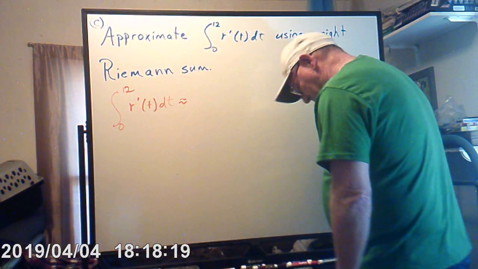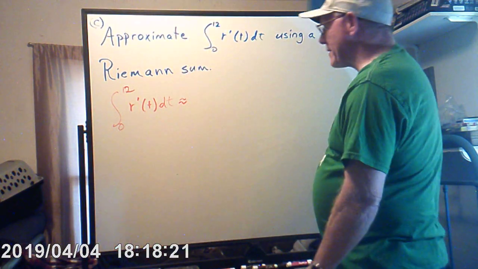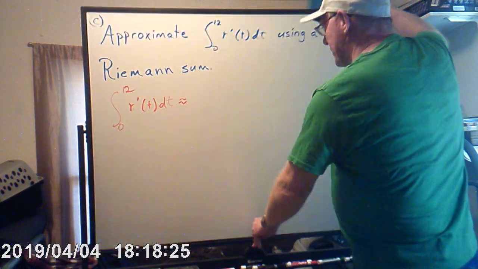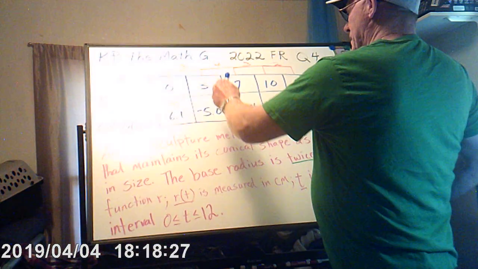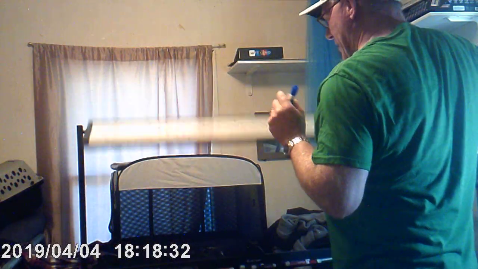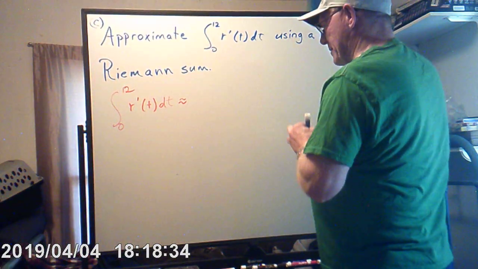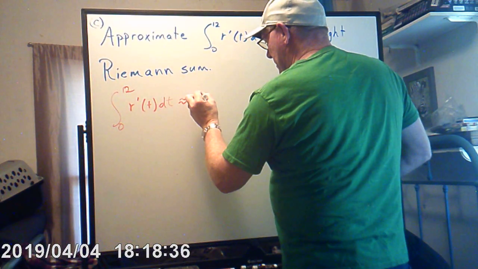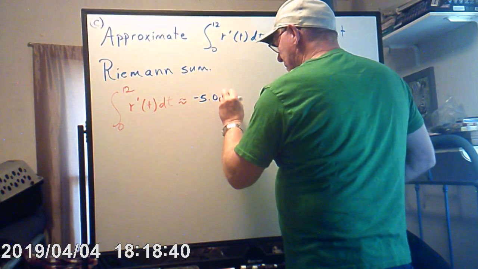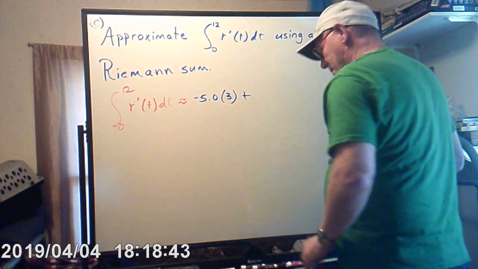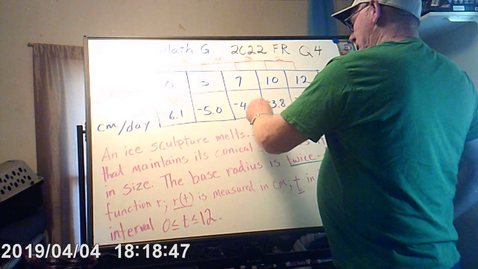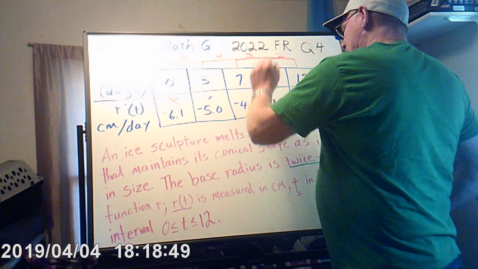I think my red's going to run out of ink, so we'll just go back to the blue. So let's see, the first two we're going to look at, 3 times negative 5. Okay, so negative 5.0 times 3. Alright, let's look at the next two.